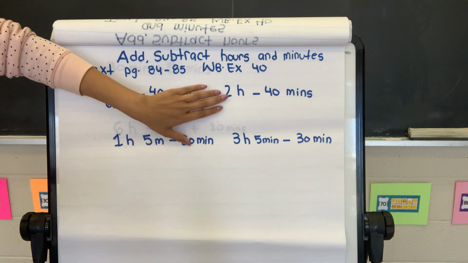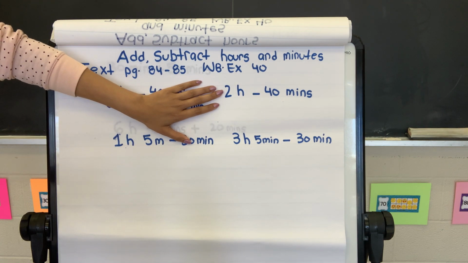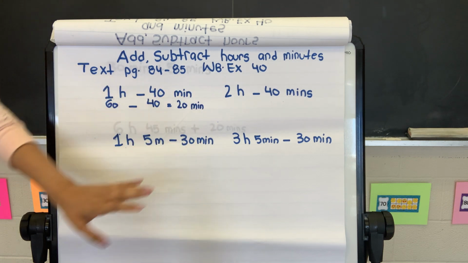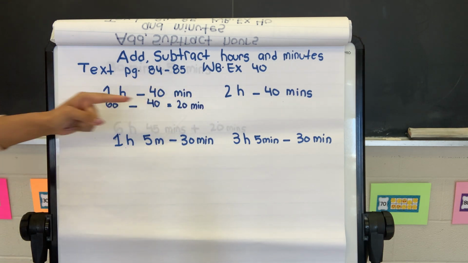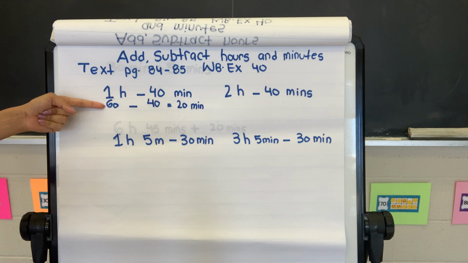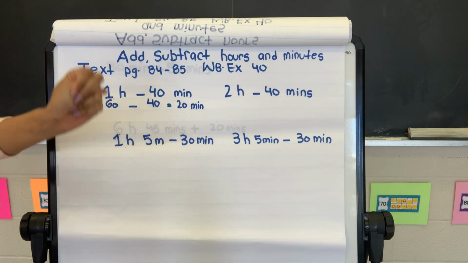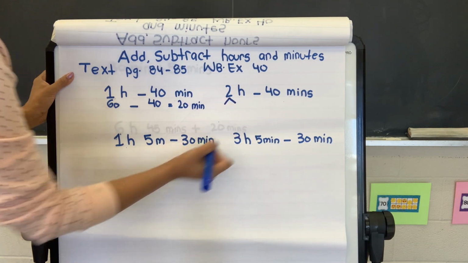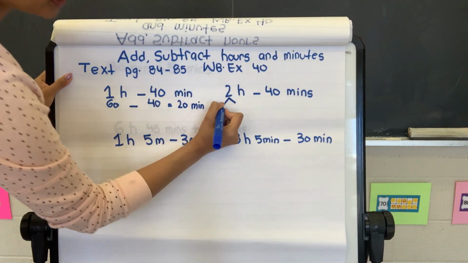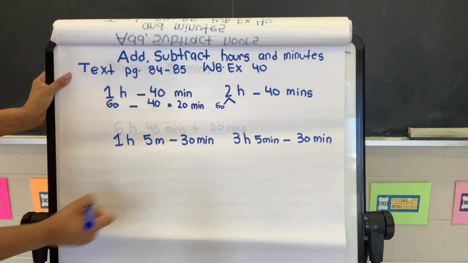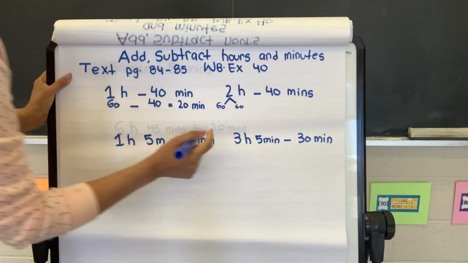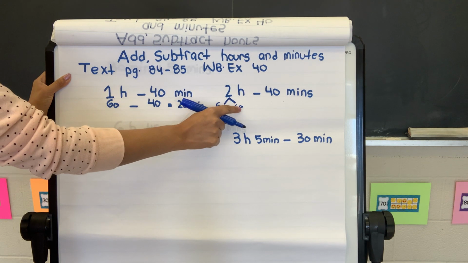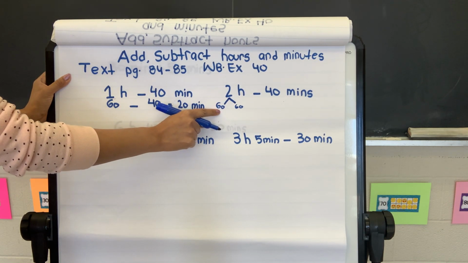Now let's look at our second example. I have 2 hours and 40 minutes. Now again, I know my 2 hours, just like my 1 hour, is made of 1 60. My 2 hours are made of 2 60s. So for my help, I am going to write down 60 and 60 to help me remember that my 2 hours are made up of 2 60s, right?